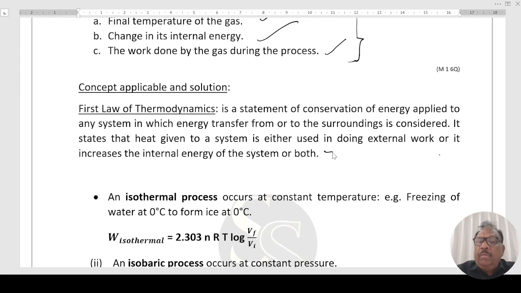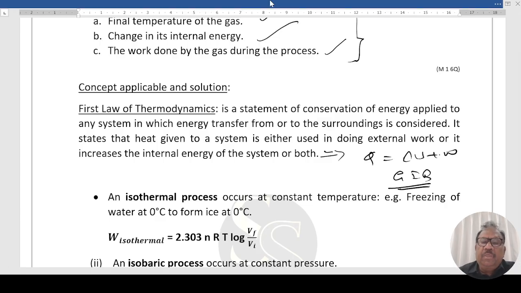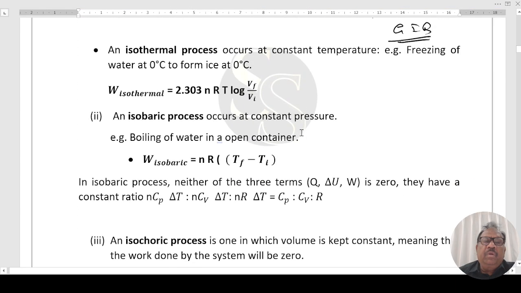You know the first law of thermodynamics, Q equal to delta U plus W. Sign convention I have discussed in the earlier question. Heat given to the system is positive, increase in internal energy is positive, work done by the system is positive. Now in the given case, it is adiabatic.